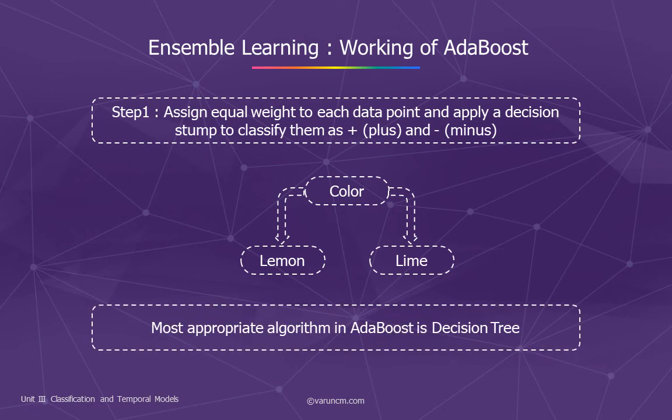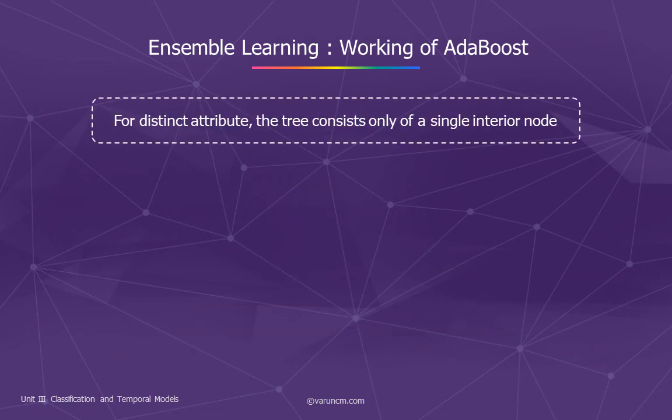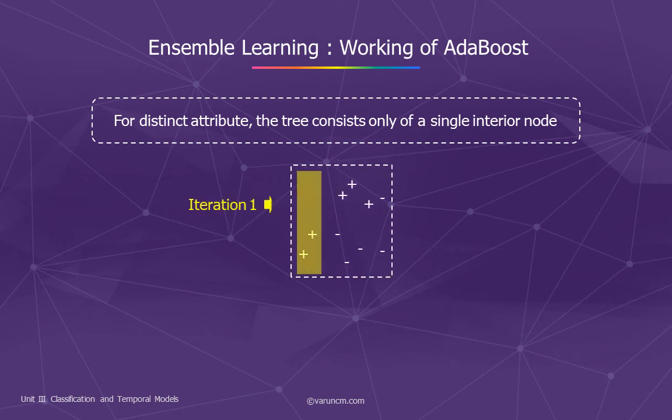And for this, the most appropriate algorithm in Adaboost is the decision tree algorithm. For different attributes, the tree consists only of a single interior node, and in this example, this is the first iteration we are having.